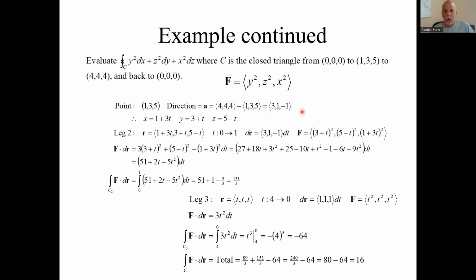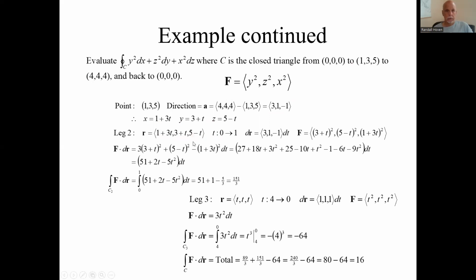Remember, you might have to recall how to do that. But now we have it parameterized. The second leg is now parameterized in terms of t. T is going to go from 0 to 1 again. You might want to check it. T equals 0, I get 1, 3, 5. T equals 1, I get 4, 4, 4.